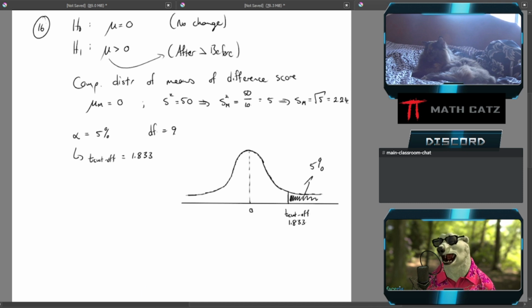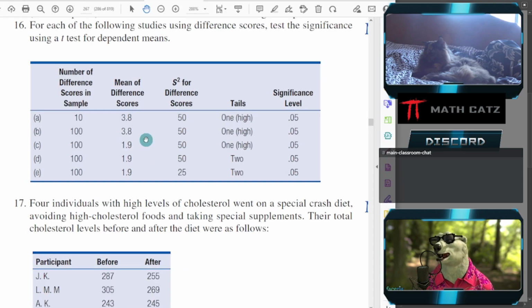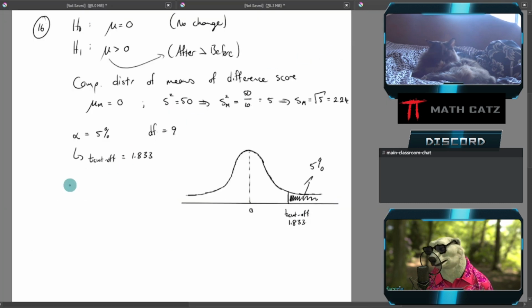Now we want to see, what did we observe? We observed a mean of 3.8. So observed mean of 3.8, that tells me, when I standardize it, what is the observed t-score. This is a t-distribution as soon as I approximate the standard deviation. So I'll go to the formula sheet just to show you.